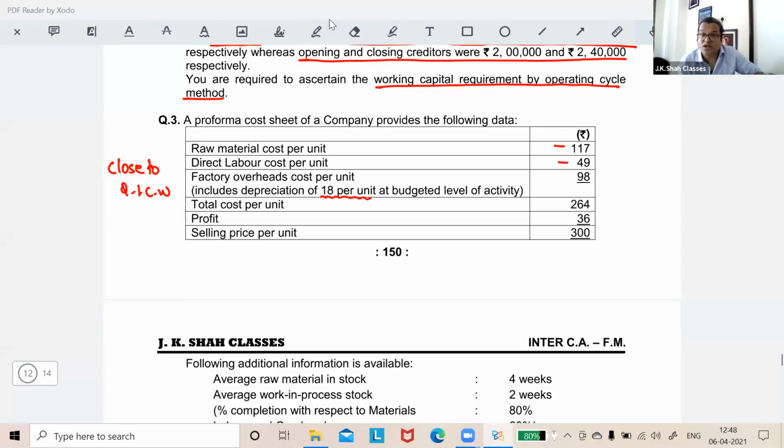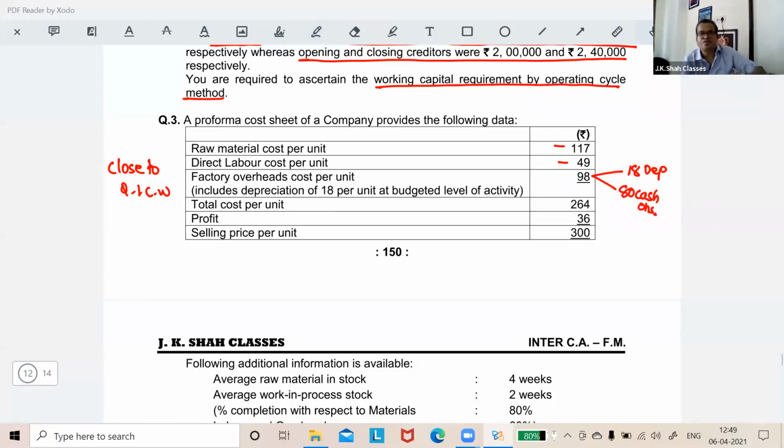Now what is the bifurcation over here? 18 rupees is depreciation, so 80 rupees would be cash overheads, cash expenses.